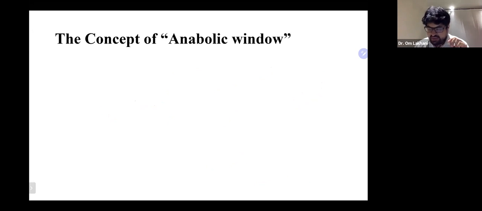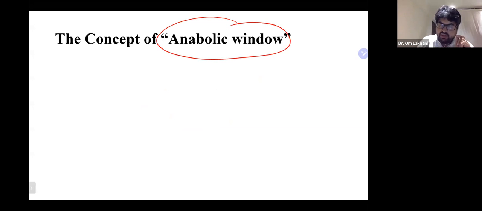So how do you take advantage of this situation? We know that the parathyroid molecule increases the bone turnover. What they noticed, very interestingly, is that there is a small window of time, known as the anabolic window, where parathyroid stimulates the bone formation. It increases the bone formation, but it does not increase the bone breakdown.